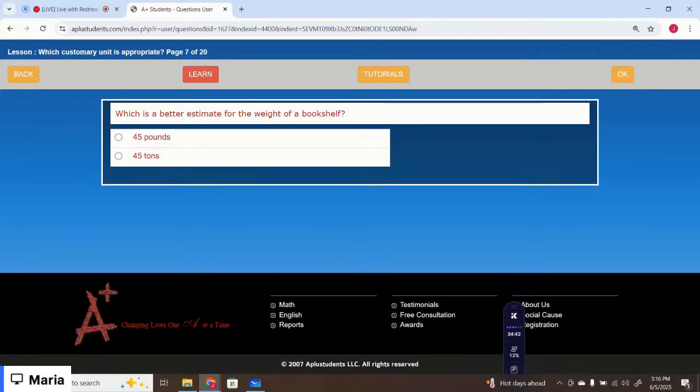Which is a better estimate for the weight of a bookshelf?